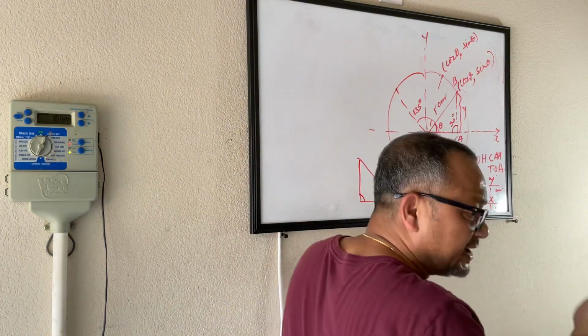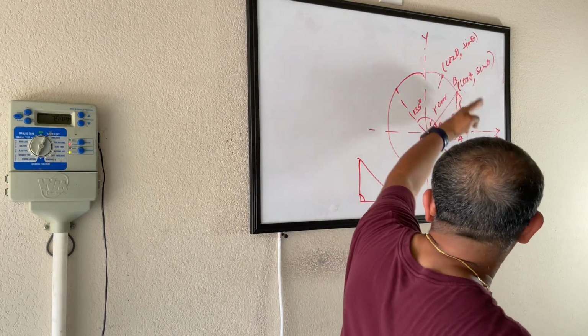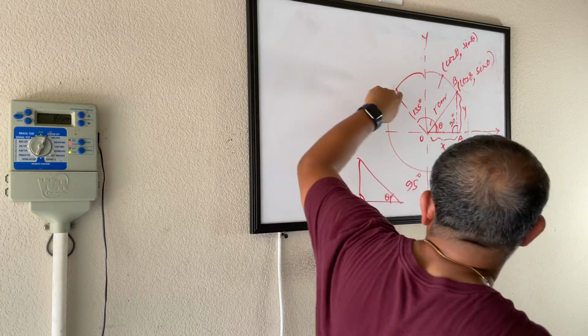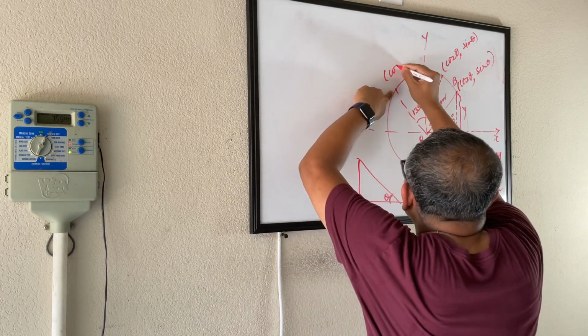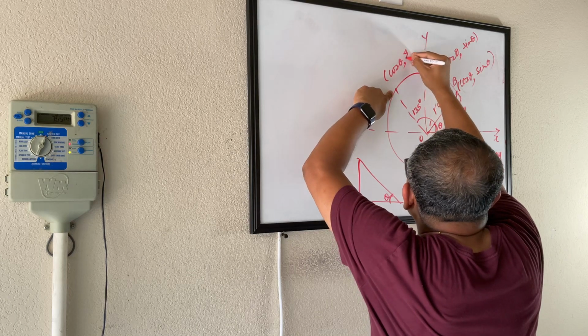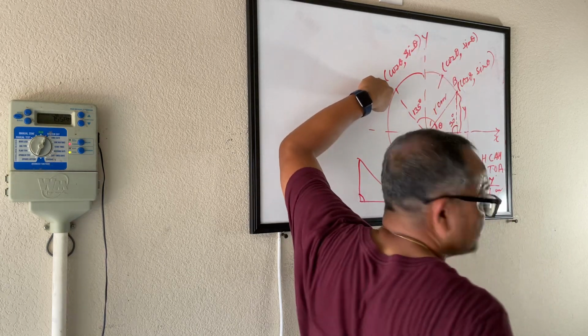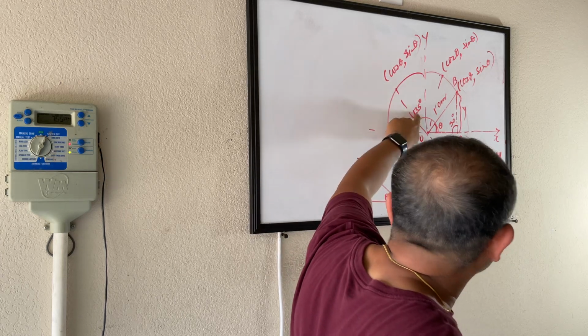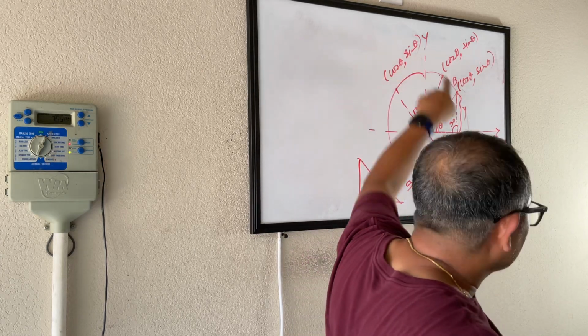I don't care whether it's in this quadrant or that quadrant. Wherever it is on the circle, my x coordinate will be cos theta and y coordinate will be sin theta. That's it. And here we are talking about cos of 135 degrees and sine of 135 degrees.